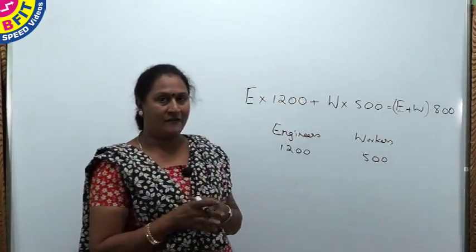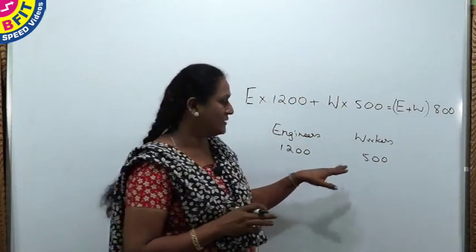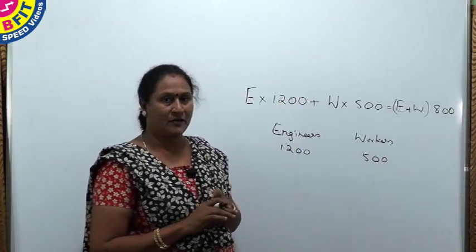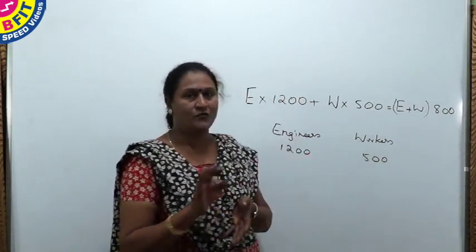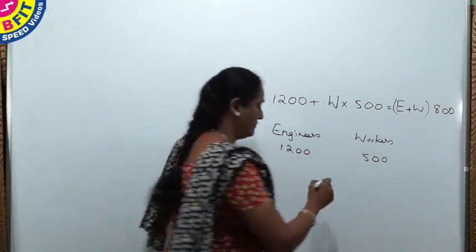The overall average salary will always lie in this region only. That is, it will be more than 500 and less than 1200. So here we have the average of all as 800, that is the median value right in the middle.